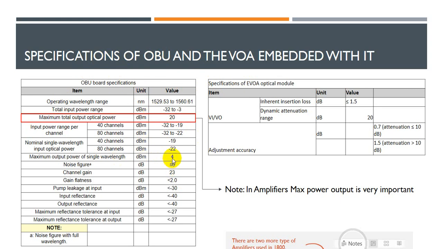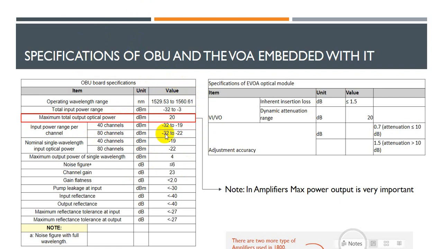So in the OBU case, the per channel power should be 4, and input will be in the range of -32 to -19 for 40 channels. It means if you only want to use this OBU board for 40 channels, you can go as high as -19 dBm per channel. So that -19 will make the 40 channel power output with the gain be around 20. That's why all this calculation is interrelated.